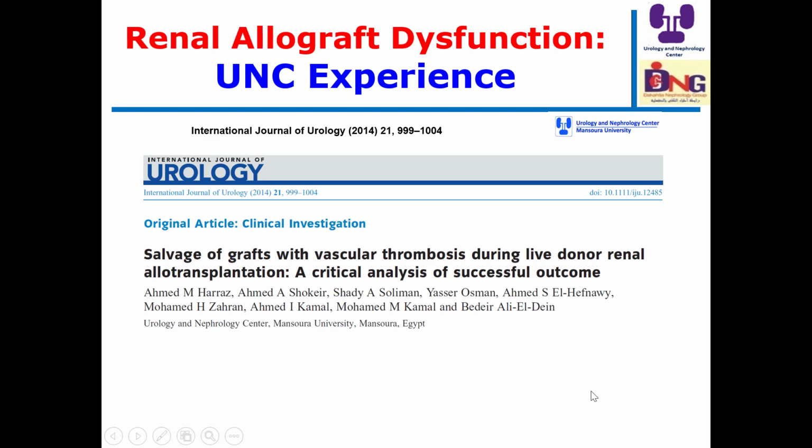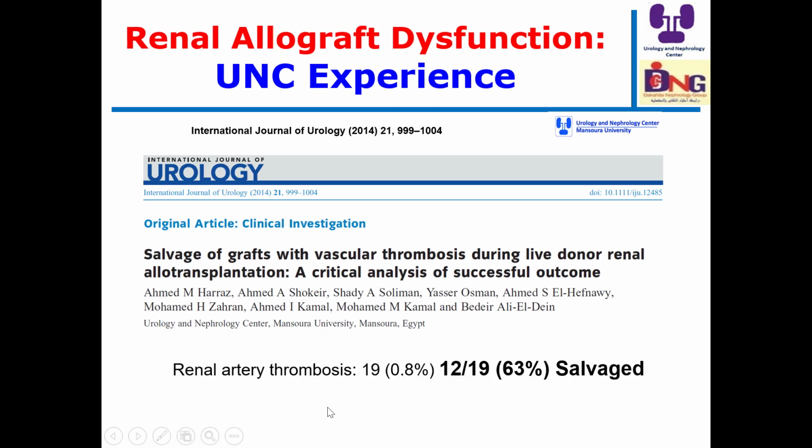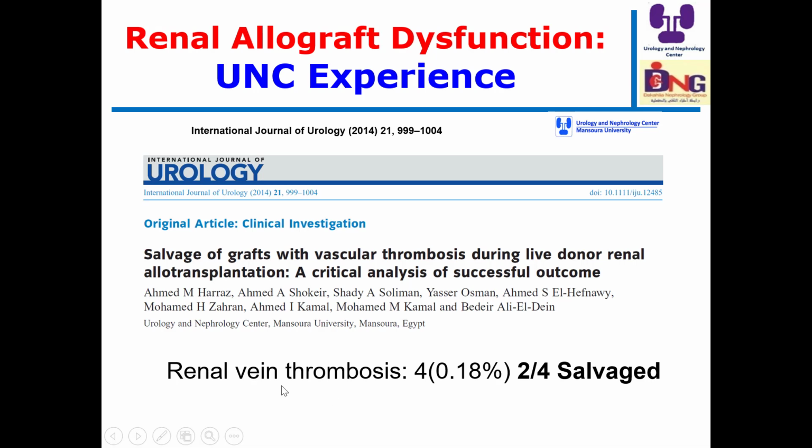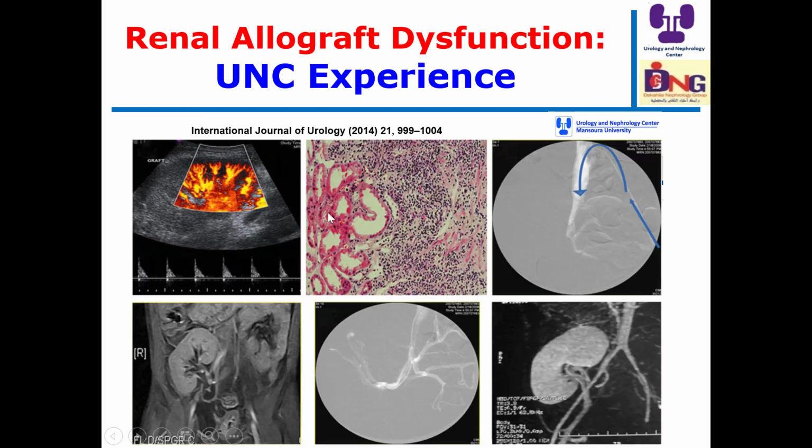Regarding the vascular complications, up to this date we have 19 cases of renal artery thrombosis, and 2/3 of them were salvaged, and 4 cases of renal vein thrombosis, and 2 cases were salvaged. And this is one of the cases. This is a patient with reduced perfusion of the graft, and the biopsy revealed rejection.